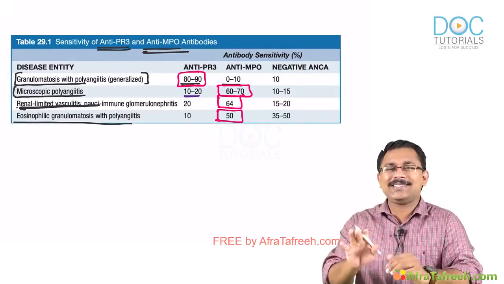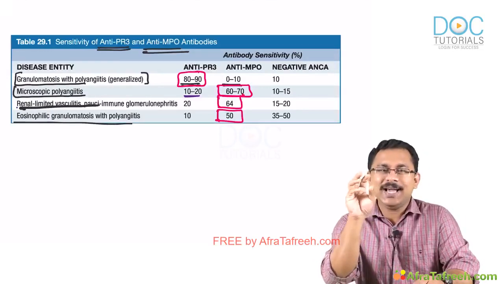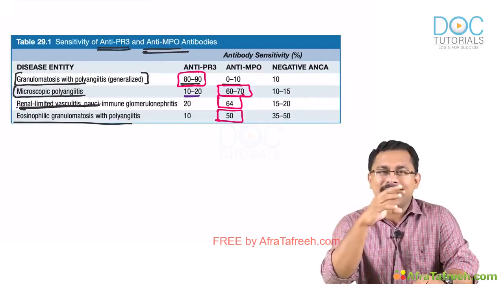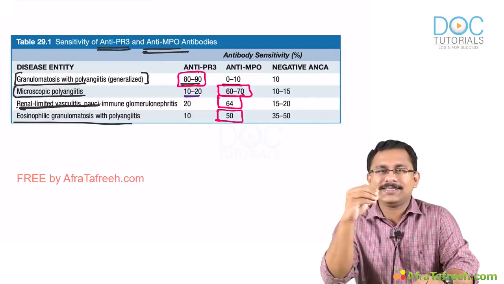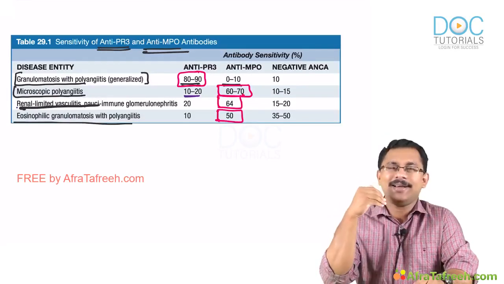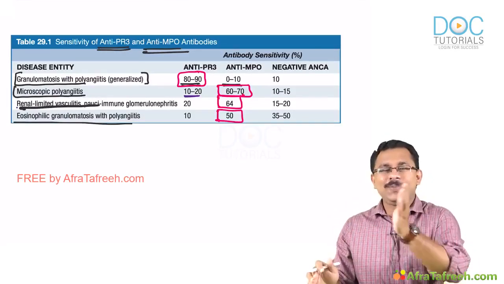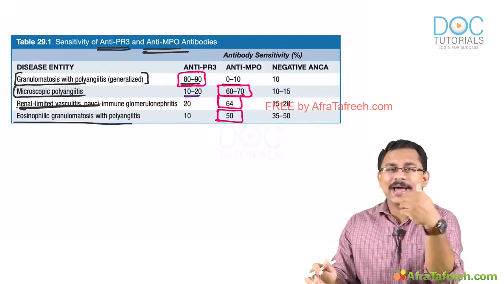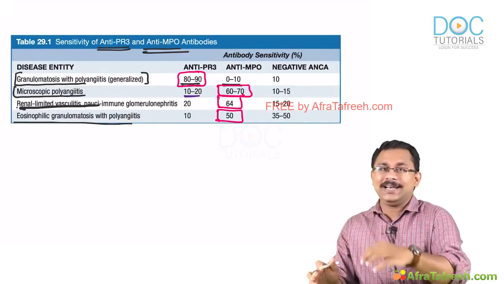You have got to get this in your head, because in the exam, when a clinical scenario comes, these vasculitis will be having certain overlapping clinical features. So one of the hints in the exam question might be an ANCA antibody. So depending on whether it is anti-MPO or anti-PR3, you have got to make a clinical decision there.